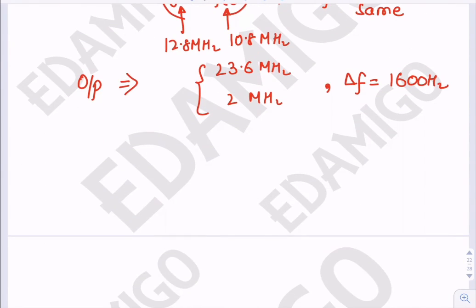So let us say we take the higher one as the carrier frequency, 23.6 megahertz.